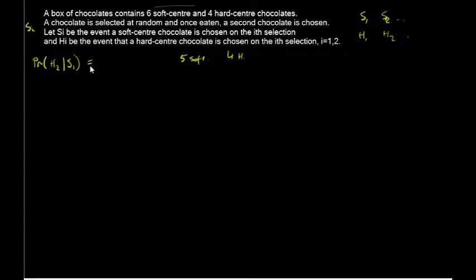So our total is going to be 9. 4 plus 5 equals 9 in total, and we want to work out how many H, so we're going to have 4 out of 9.